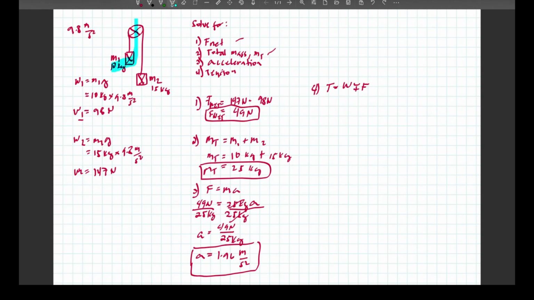We can have system 1, this one, and we can have system 2. So let me just pick another color for system 2. So this is our system number 2. Alright, so for this problem, let's try to use system number 2, using mass 2.